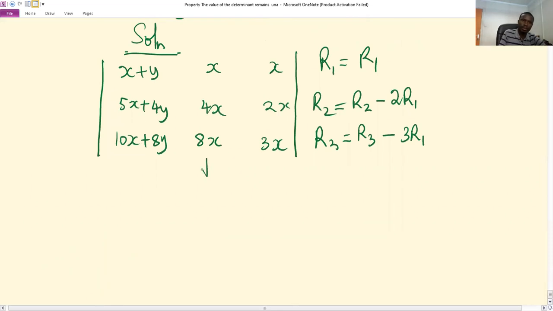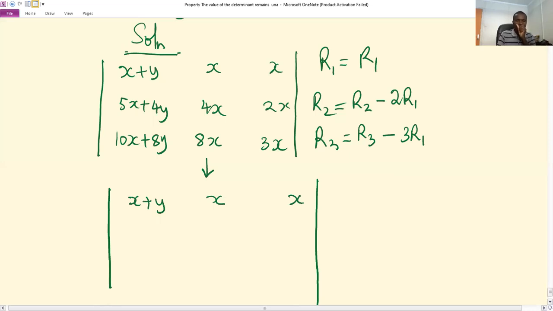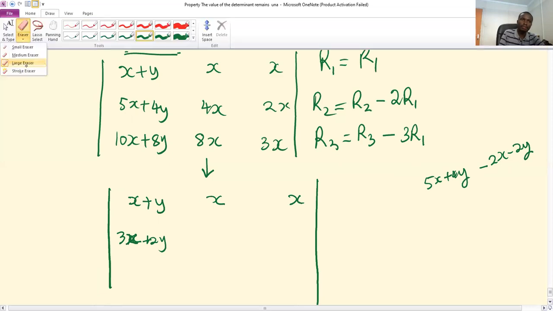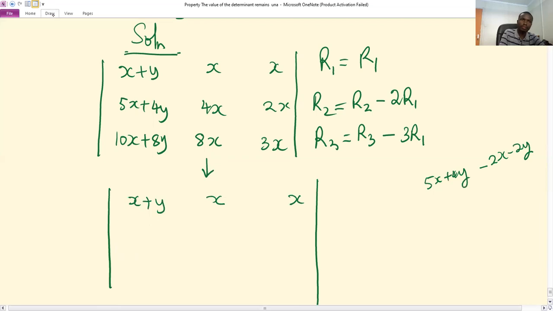So this determinant would be x plus y, and then we have 5x plus 4y minus row 1, which will be 4x minus 4y... so 5 minus 1 is 4, 4 minus 1 is 3. So we have 4x plus 3y.